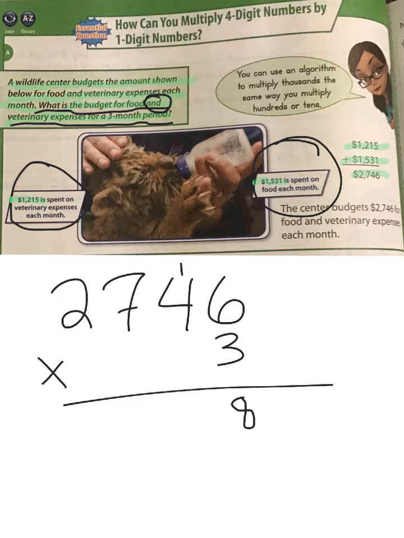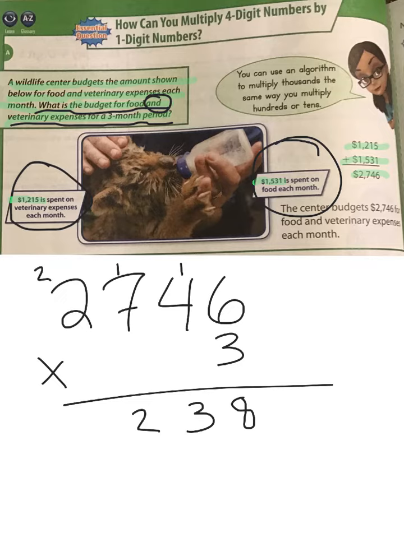Then we are going to multiply 3 times 4, which is 12, and add 1 more, which is 13. Once again, we will put our 3 down and regroup our 1. To do our hundreds place, we are going to do 3 times 7 is 21, plus 1 more is 22. Write down your 2 and regroup your 2.